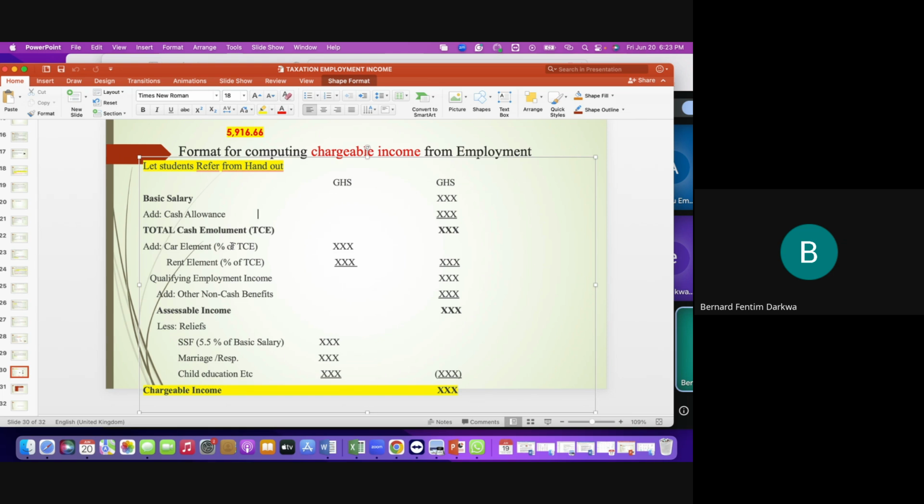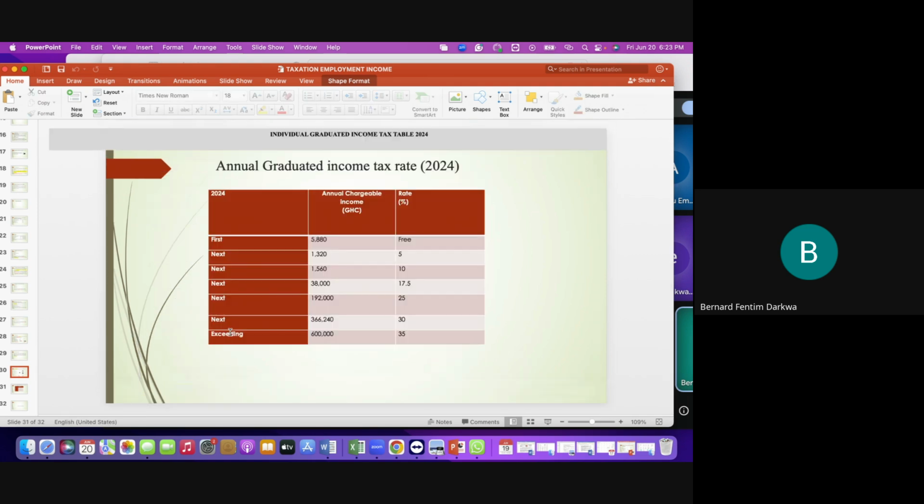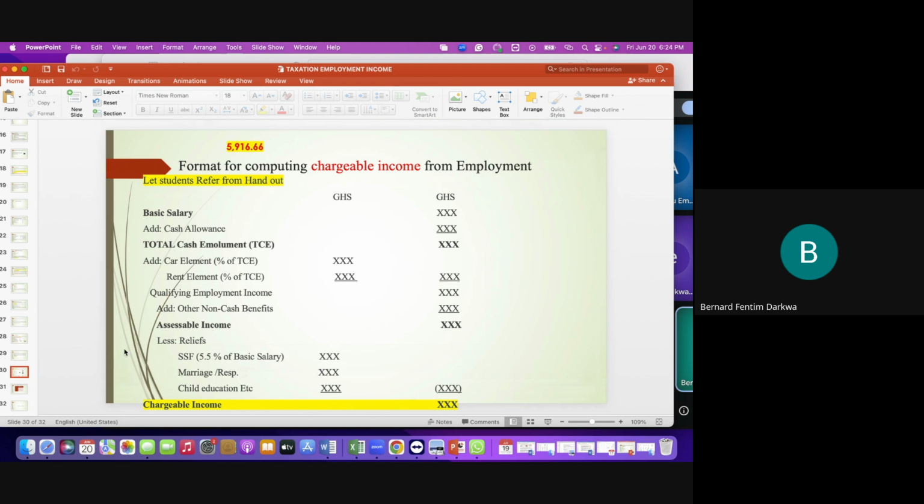So when you add the other non-cash benefit to the qualifying employment income, then you get what we call assessable income. When you get assessable income, then you go and look for all the reliefs in the question, the reliefs that are due the person. There are so many reliefs: social security fund, marriage, child education, old age.